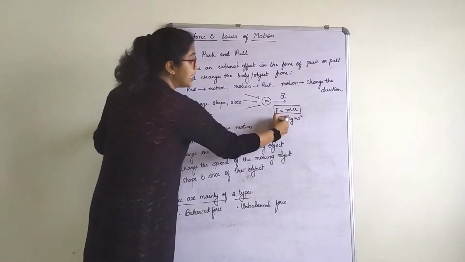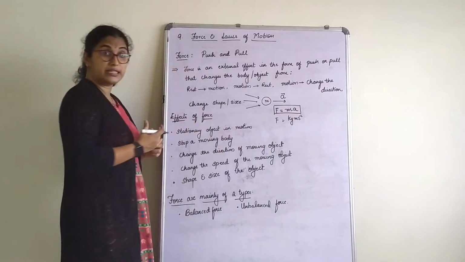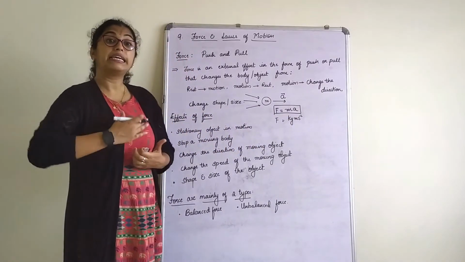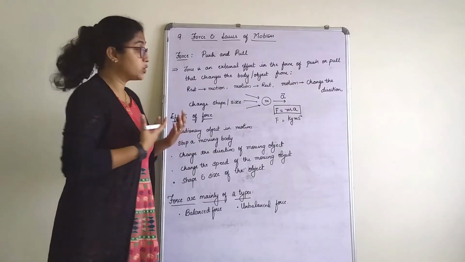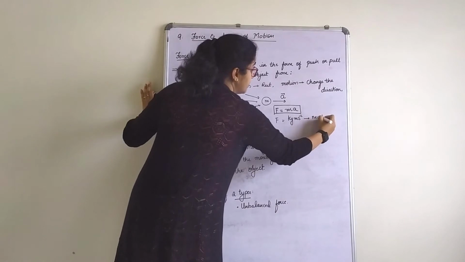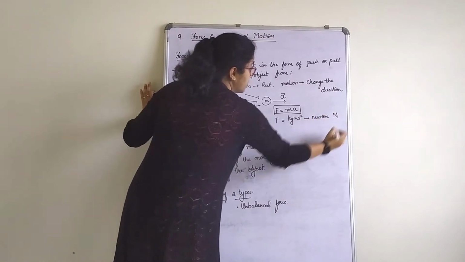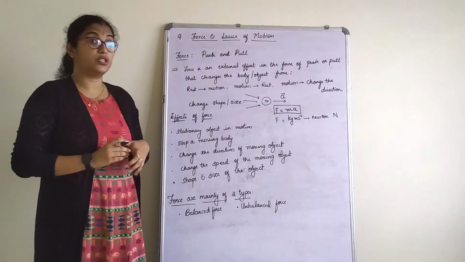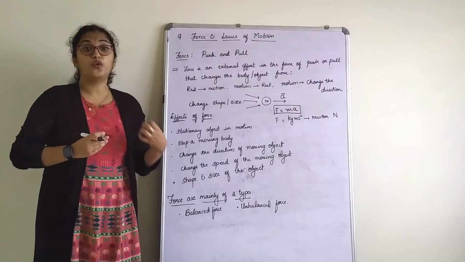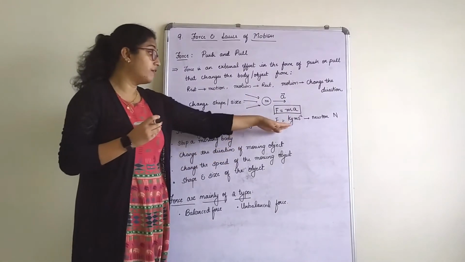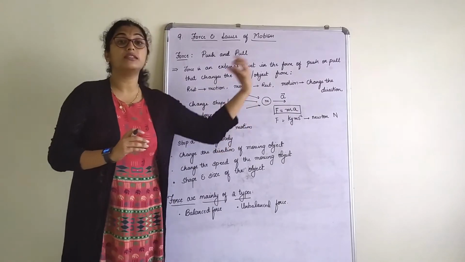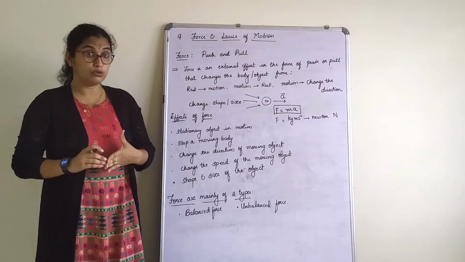So, the SI unit of force is kg meters per second square, which is termed as Newton. We write it as capital N or as Newton. So, force is measured in kg meters per second square, or in Newton.